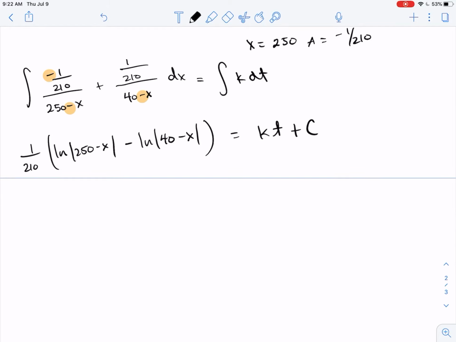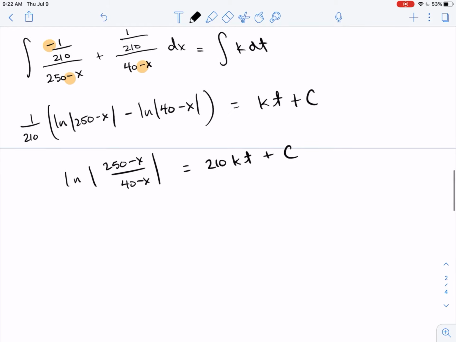Now we can solve. If I multiply everything by 210 and put these two terms together, ln of (250 minus x) over (40 minus x) equals 210kt plus c. Remember, c stays constant.